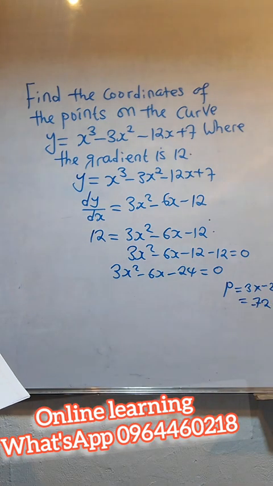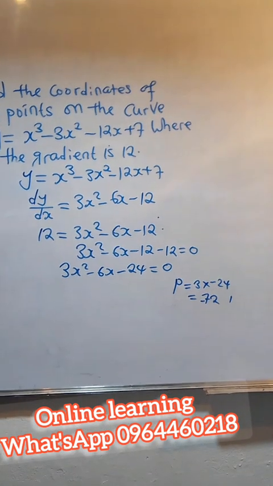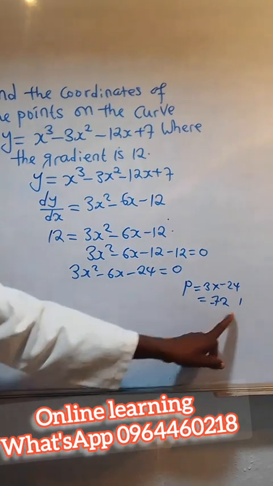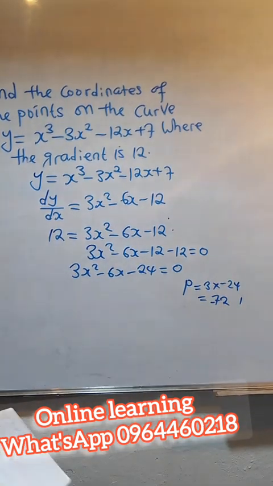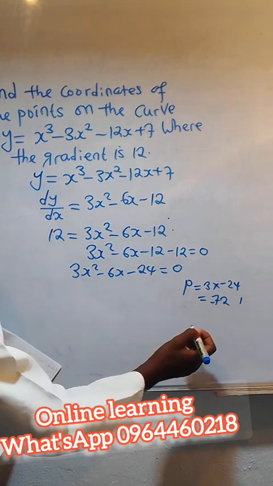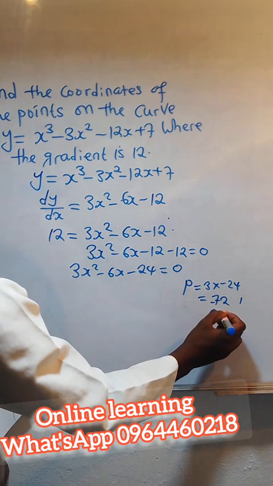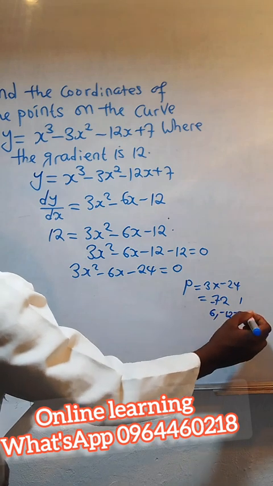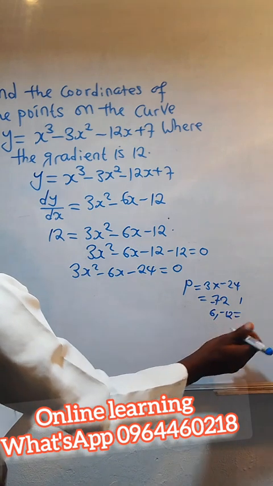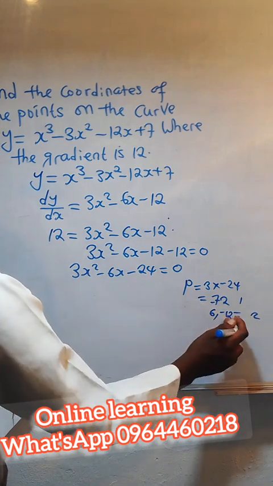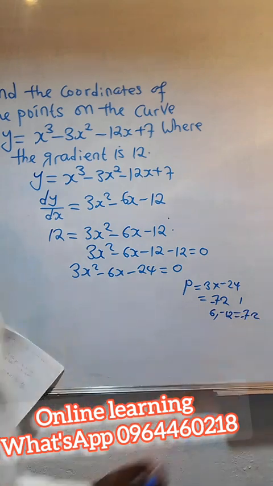Then we look at other numbers that can also give us 72. If we try 6 times negative 12, we'll be able to get that.